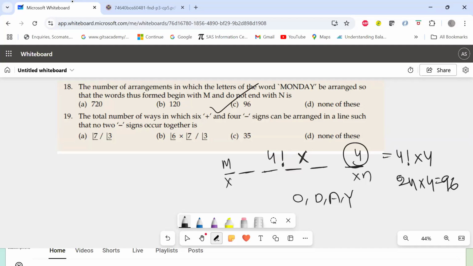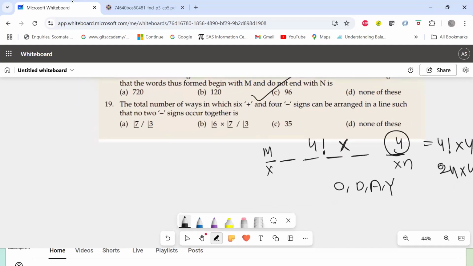Number of ways in which 6 plus signs are arranged in a line. Okay, if I write 1, 2, 3, 4, 5, 6 plus signs, here there are 7 places. So minus can come in any of the four places.